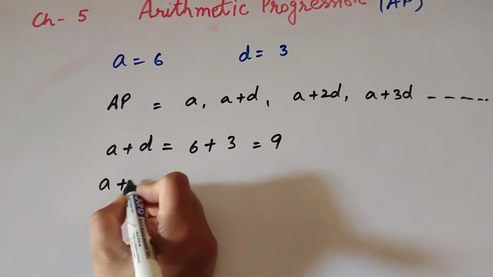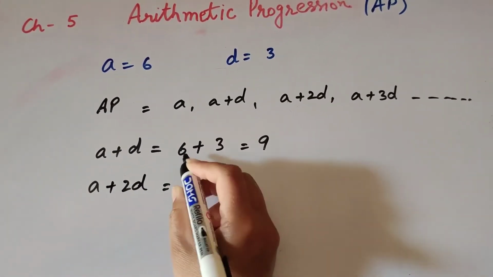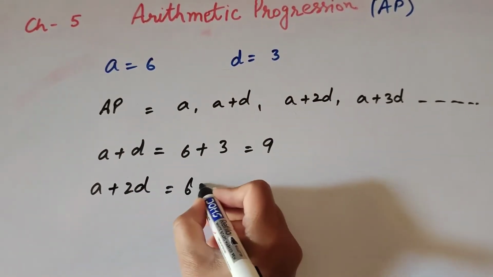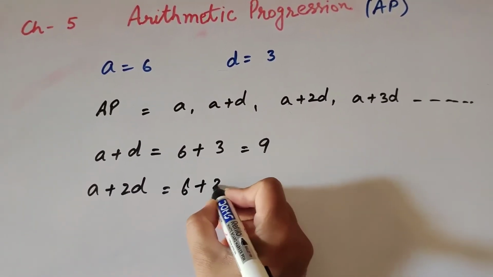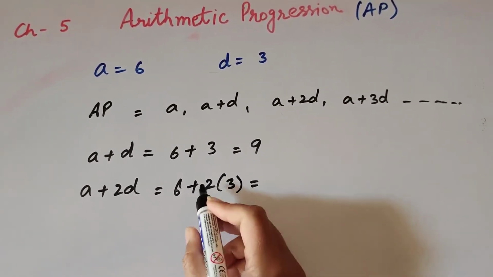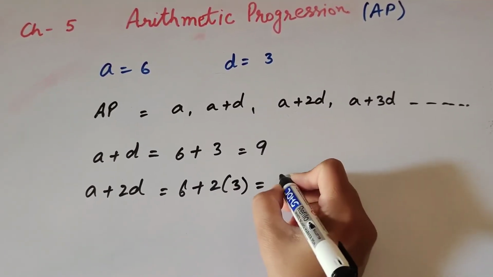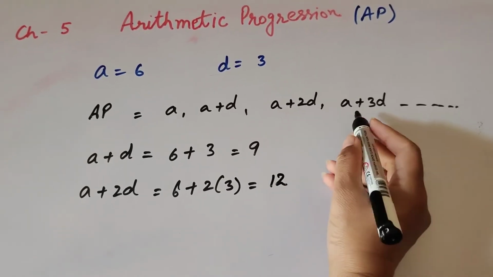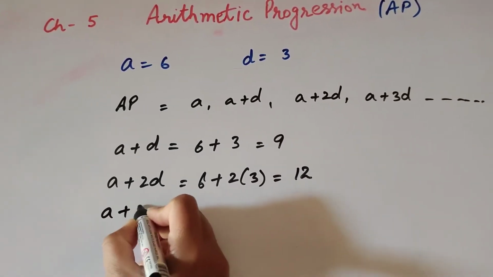Next term is A plus 2D. It is equal to A, A is equal to 6 plus 2 into D. D is 3. And 6 plus 6 is equal to 12. So next term is A plus 3D.